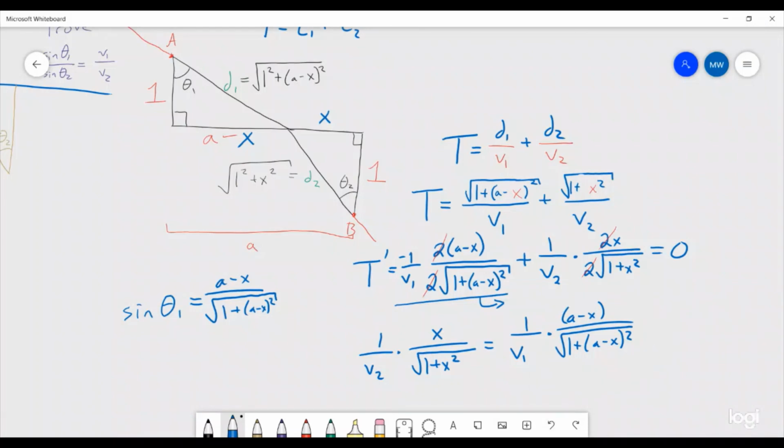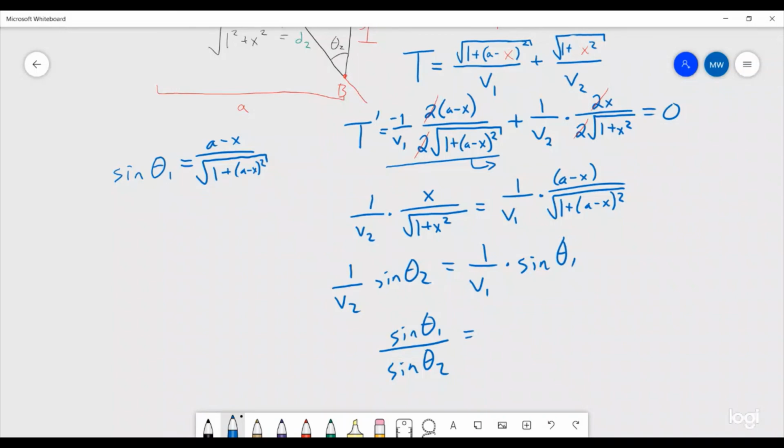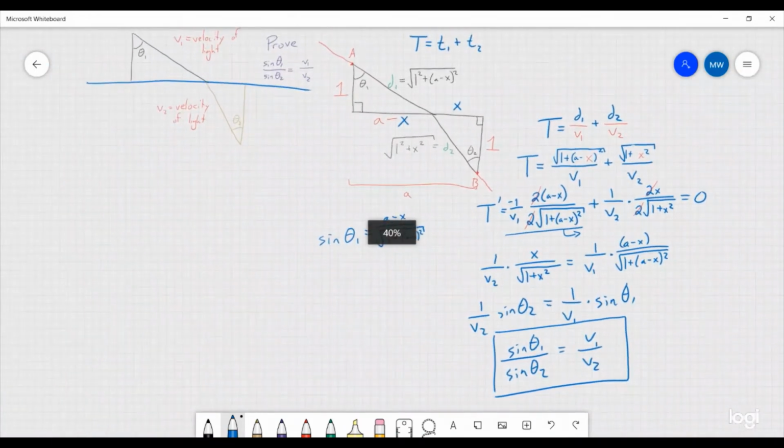And then sine of theta 2 is just x over the square root of 1 plus x squared. So we get that 1 over v2 times sine of theta 2 is equal to 1 over v1 times sine of theta 1. And if we just rearrange these terms a little bit, we get sine of theta 1 over sine of theta 2 is equal to v1 over v2. And we have successfully shown that Snell's law is true.